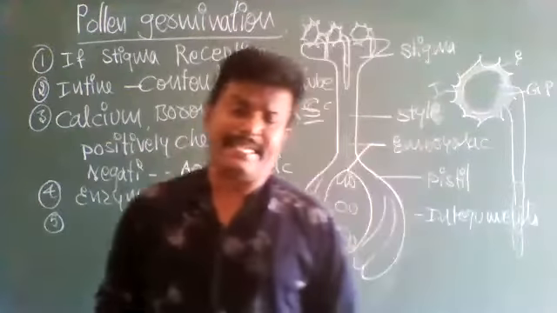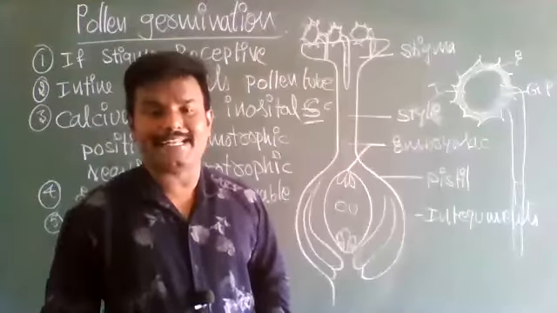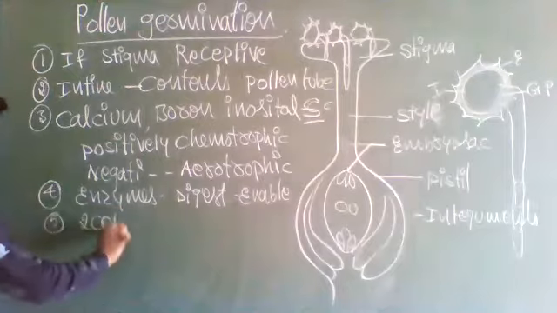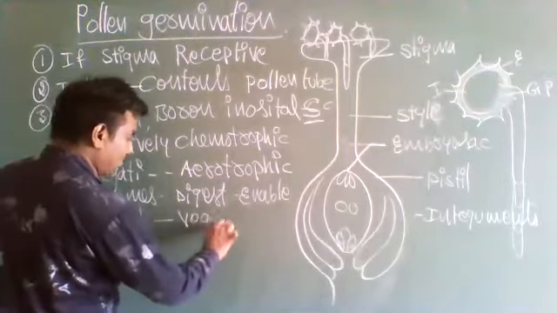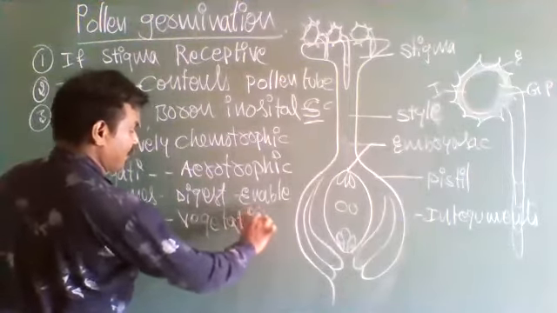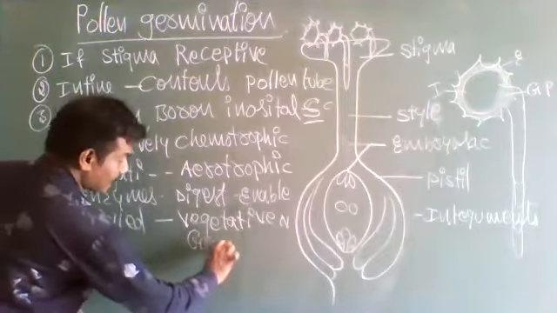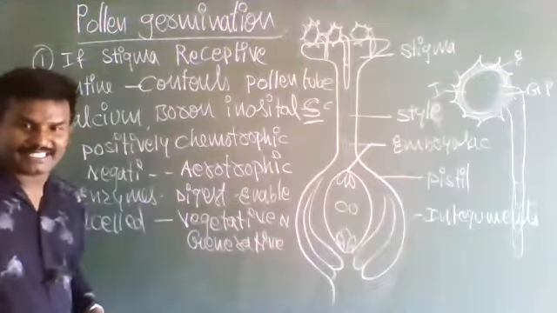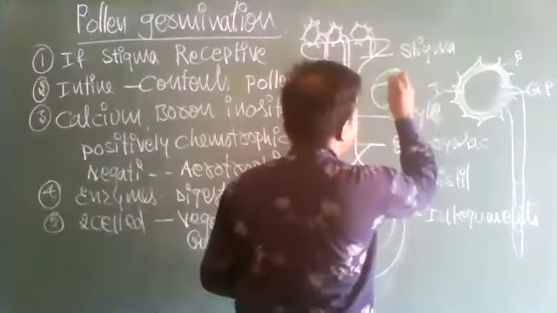As we already discussed, in over 60% of the angiosperms, pollen grains are shed at two-celled stage. That is, one is vegetative nucleus, another one is generative nucleus.